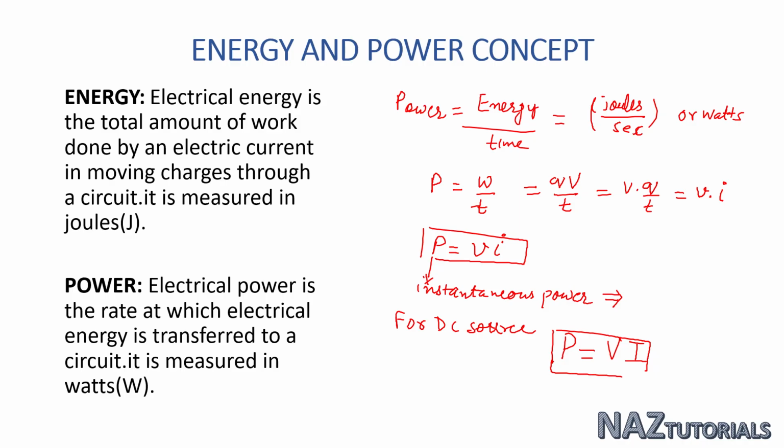So the concept of power is like this. It is basically differentiated by time. It means for supplying an energy for a definite interval of time, it will be given by the power in a circuit.